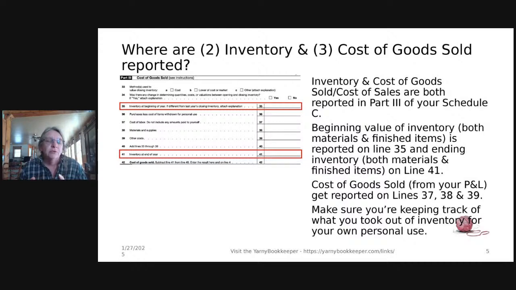And again, that's both for materials and finished items, and you report that on line 41.